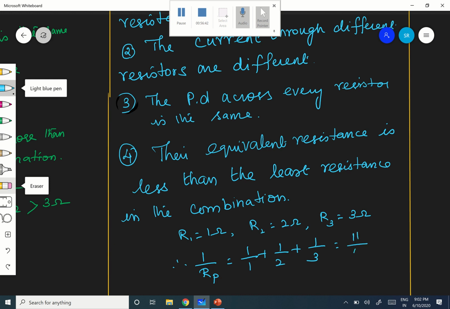Therefore RP is 6 by 11. What is the least resistance here? 1 ohm. So the equivalent resistance is less than the least resistance in the combination.